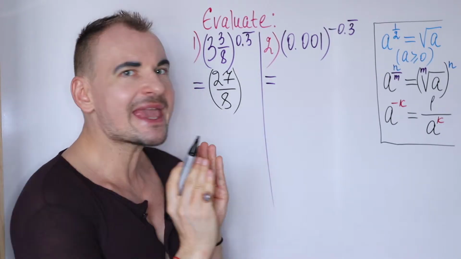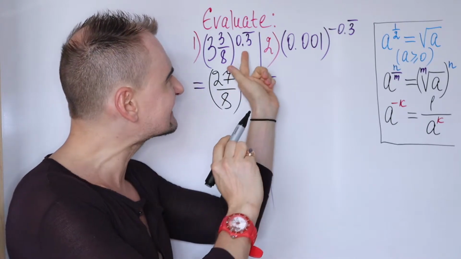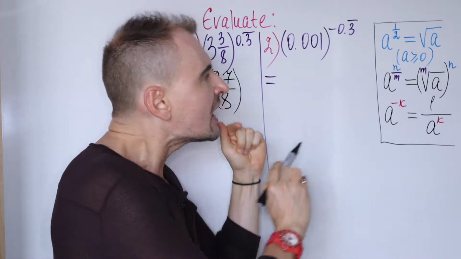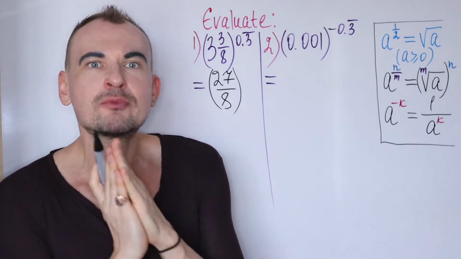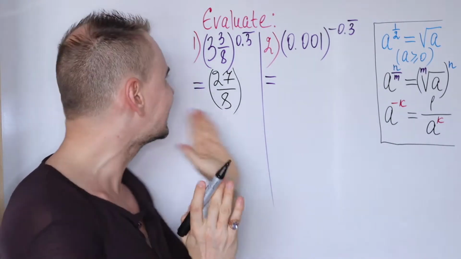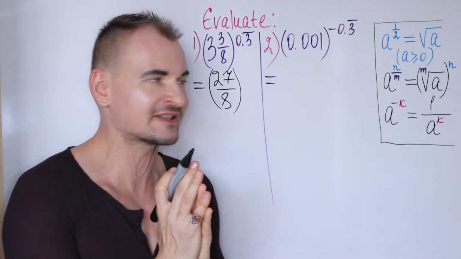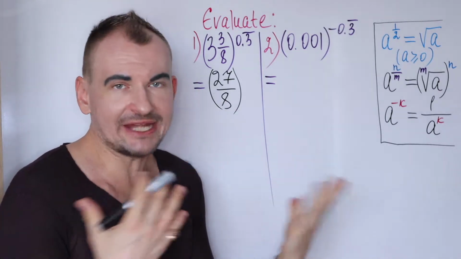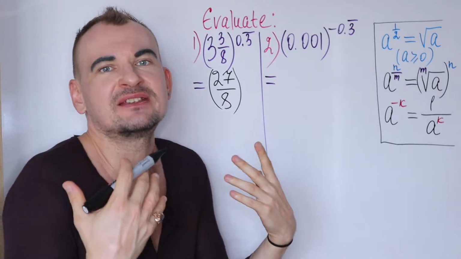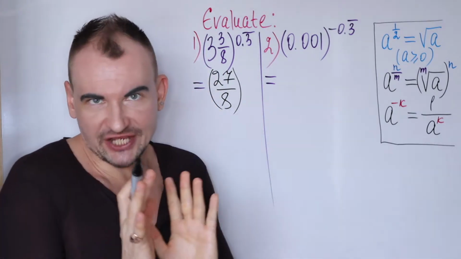The reason I did this is that eventually, when I convert this power into a root, into a radical form, I'm going to take a root of that base. So it's better that we prepare our base, and we can take any root of the base if it's a fraction.